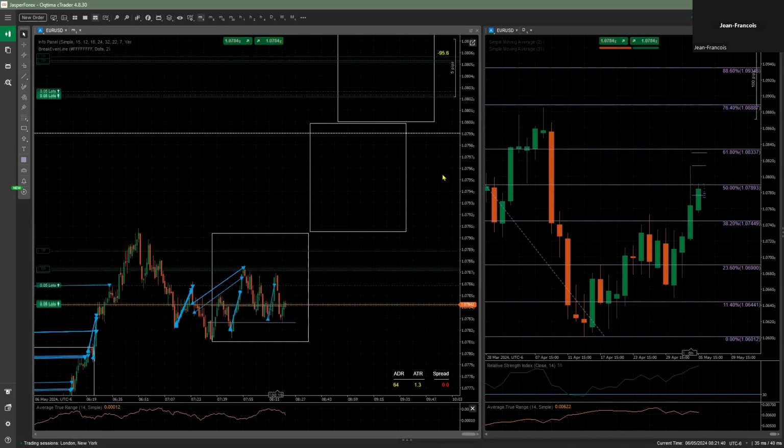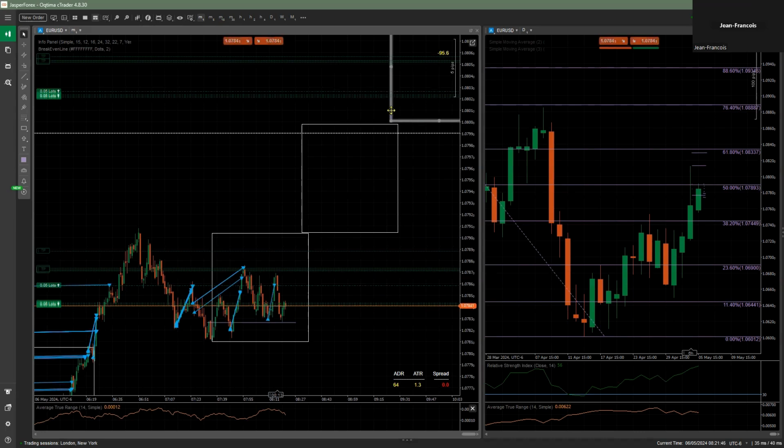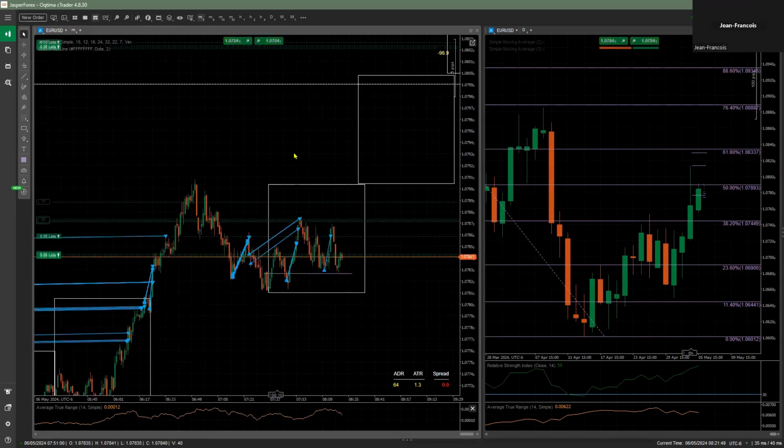Doesn't make for very entertaining trading. Slow, slow, slow, slow, slow.